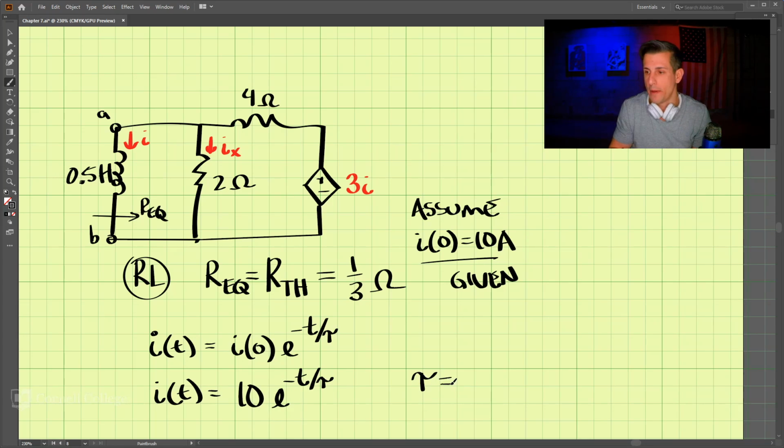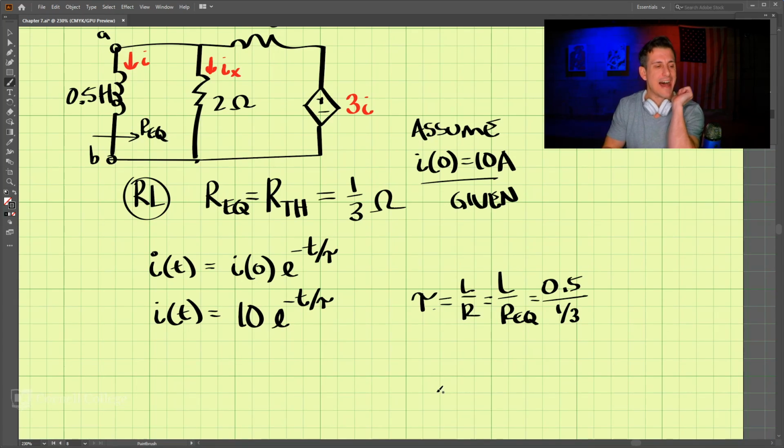And tau, remember, is equal to L over R, which is L over R equivalent. We know L here is 0.5, and R equivalent is 1/3. So tau, our time constant, comes out to be 3/2 second.